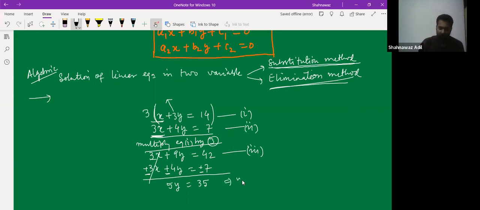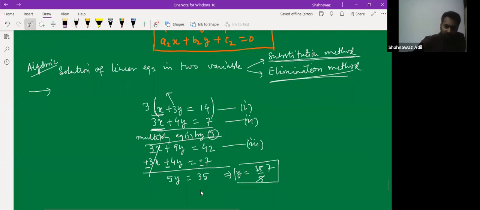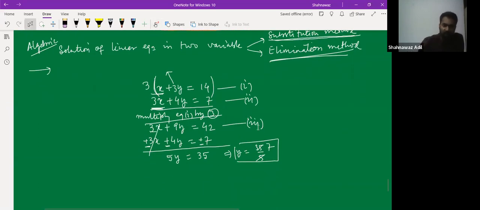So you get y equals 35 by 5, which is 7. Understood? Yes, sir. So for x, you put the value of y in one of the equations.